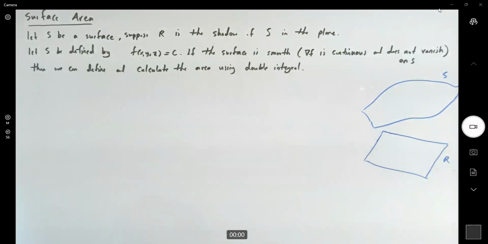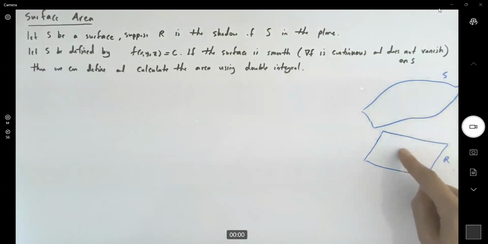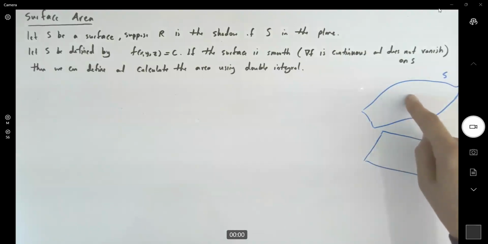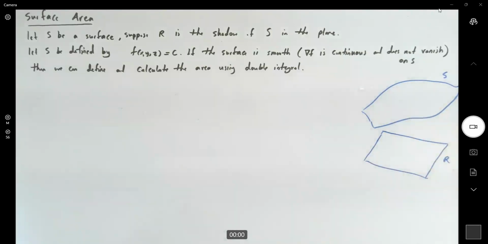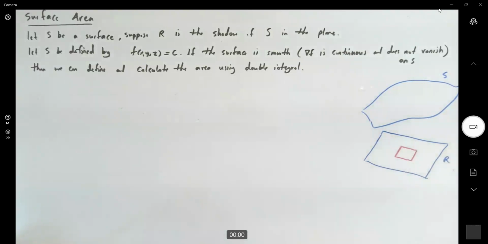What are we going to do? We're going to take a look at the shadow of S on R, and we're going to divide this into smaller pieces and look at the small pieces of S on top of it. Very good. Suppose you take a very small piece, I'm going to make it a little bit larger for you to see what is going on here.